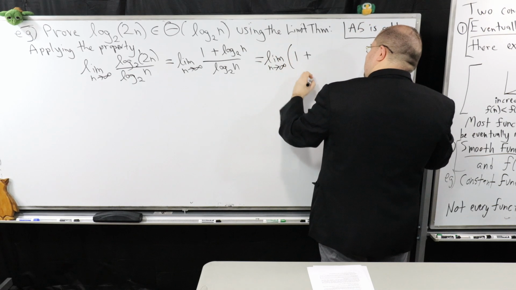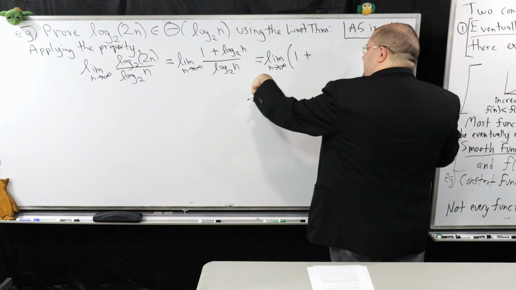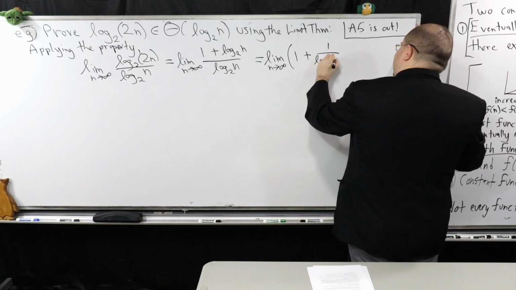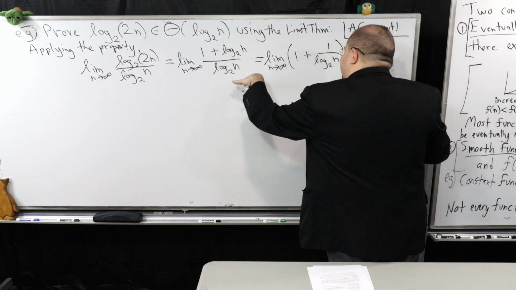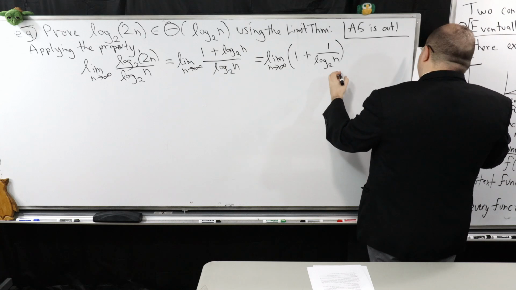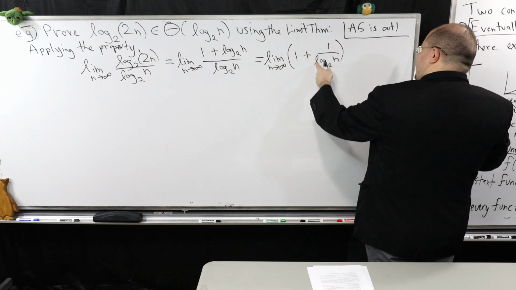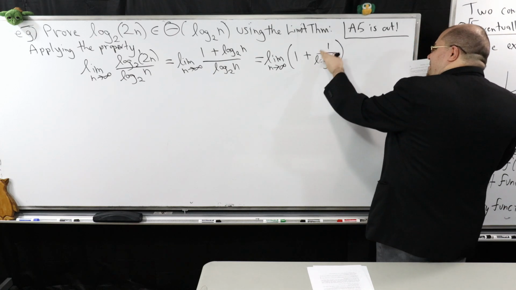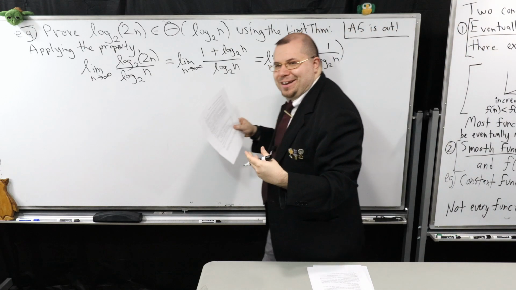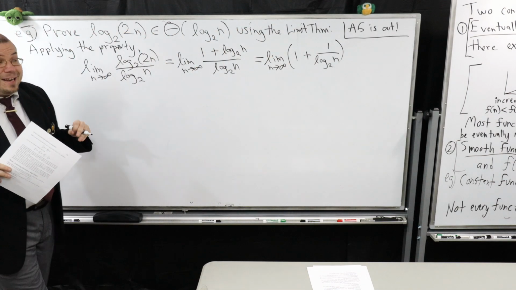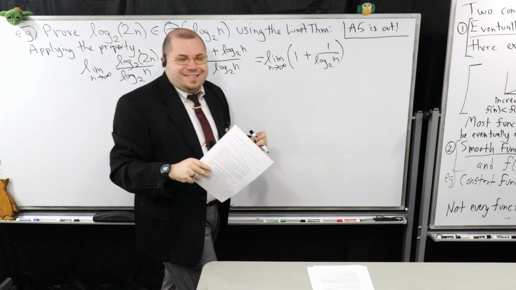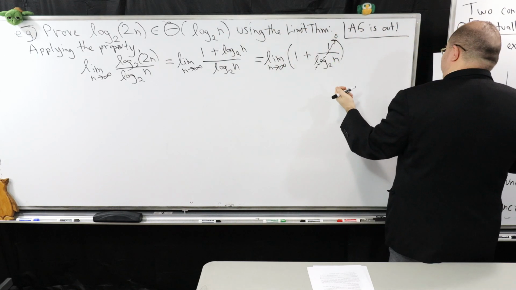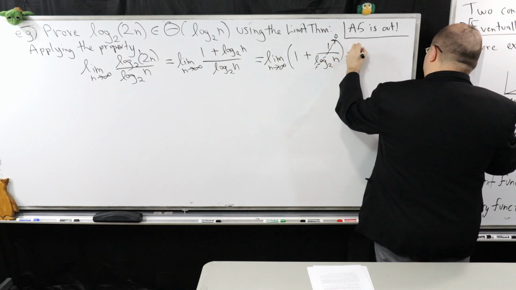I carry through this division, but I have the 1 over log base 2 of n separately. Notice that it's just 1 plus something. What does 1 over log base 2 of n become as n approaches infinity? Remember, log base 2 of n is an increasing function. 0, exactly. This part approaches 0, and I just have 1 plus 0, at least when it comes to the limit, and that's equal to 1.